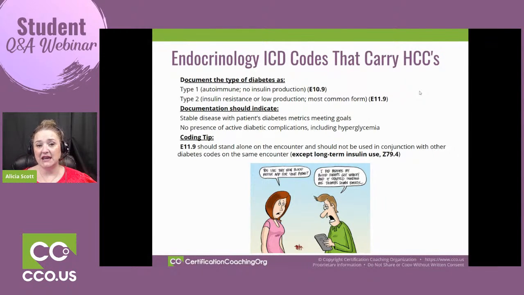If that's the case, the patient might not be on insulin. It is a medication that kind of helps the body's ability to work with the levels of insulin that it's producing. And so that is not long-term insulin use. They might be on metformin and stuff.